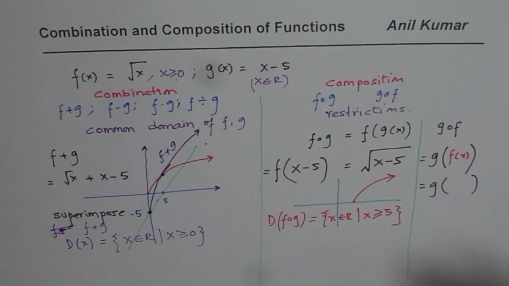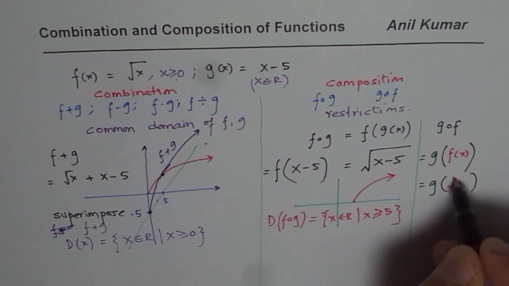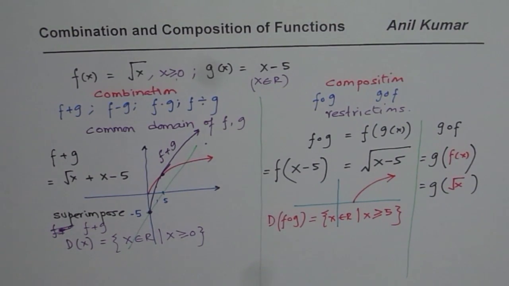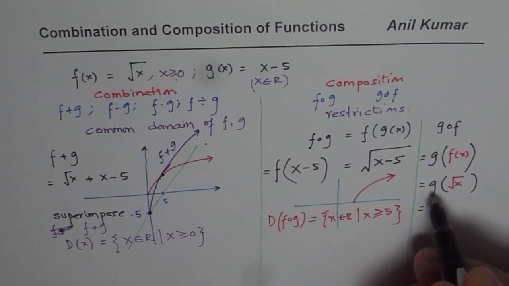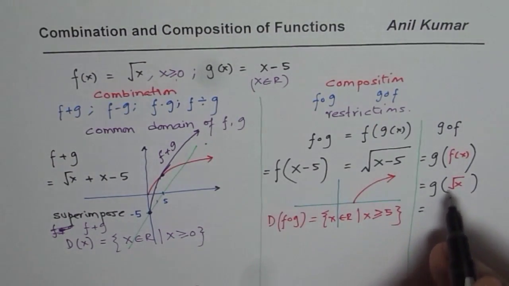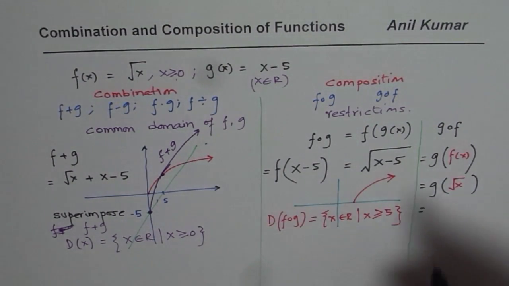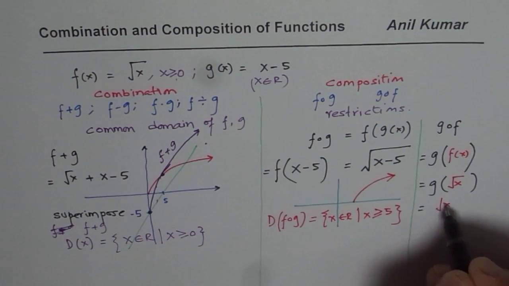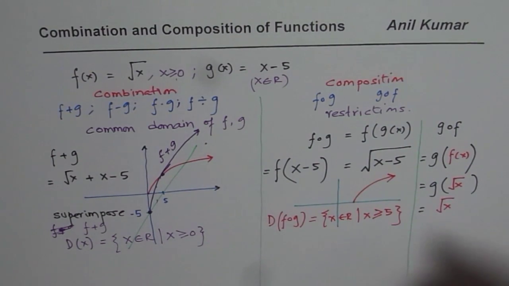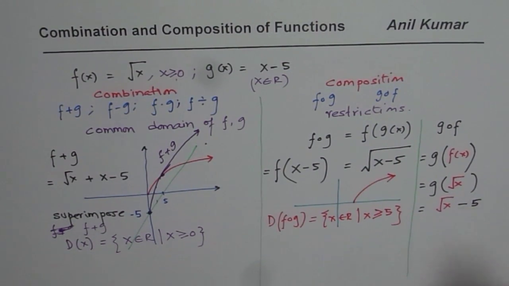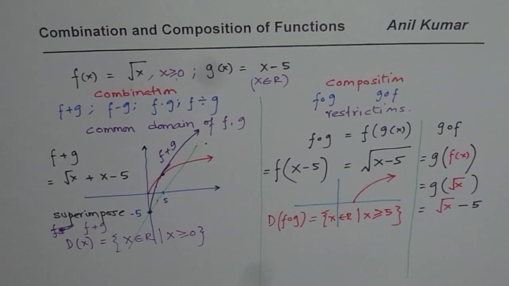F of x is square root x. We'll write square root x inside. Do you see that? And that means in the function g of x, x will be replaced by square root x. So we get this equal to square root of x minus 5. Do you see that? So g of f is square root of x minus 5, right?